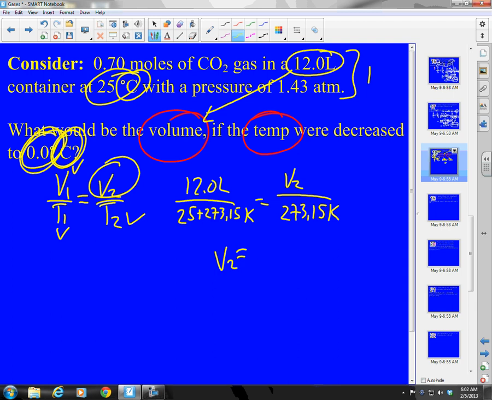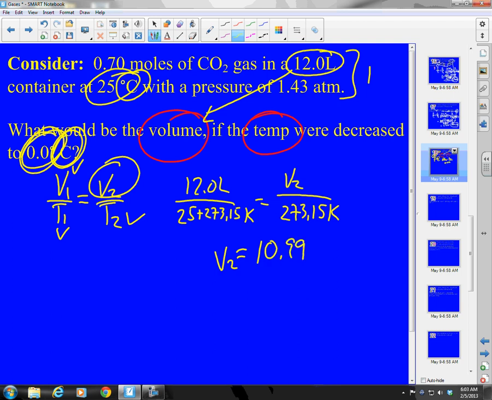So I'll get out my calculator. Okay, got it. 12 times 273.15, divided by quantity 25 plus 273.15, that's 298.15.